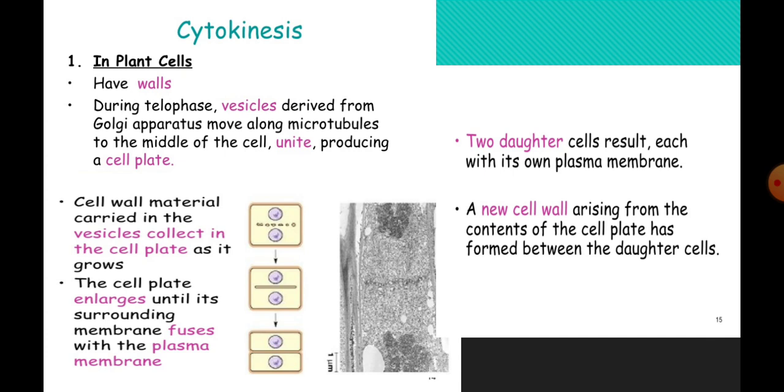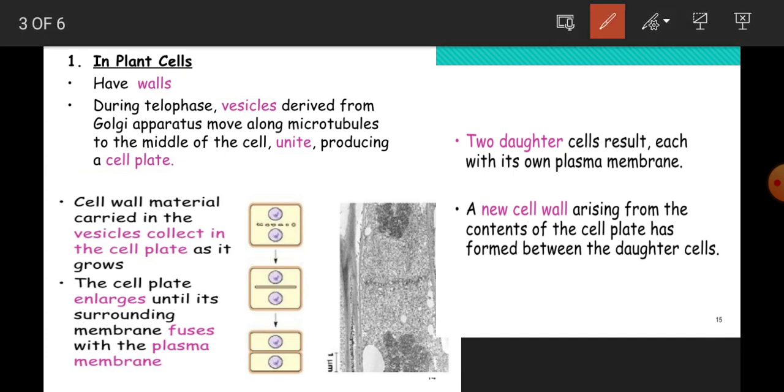During telophase, vesicles derived from the Golgi apparatus move along microtubules to the middle of the cell, and they unite, producing a cell plate. You can see here in the middle portion, this is the cell plate. The vesicles from the Golgi apparatus come to the middle portion, deposit there, and join together to form the cell plate.